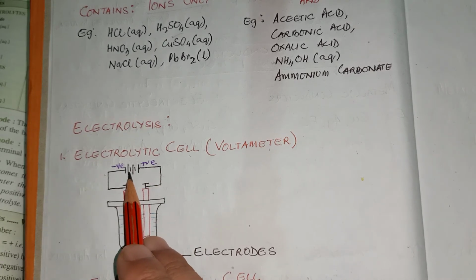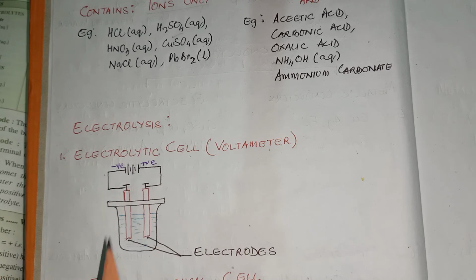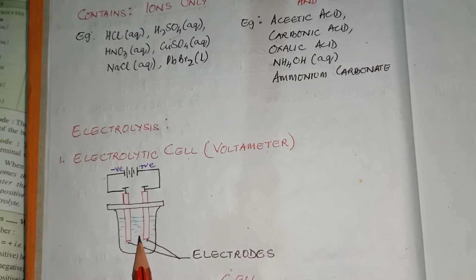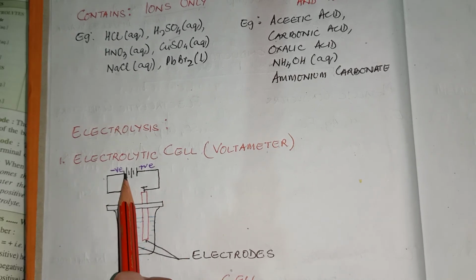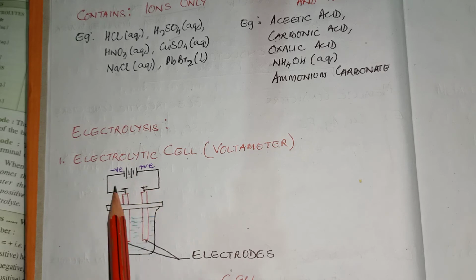This can be a battery also. This can be supplied from our main electric source, the main line which we have and use at our home. Now in this process, the electrolytic cell, we have to supply electric energy from an external source.